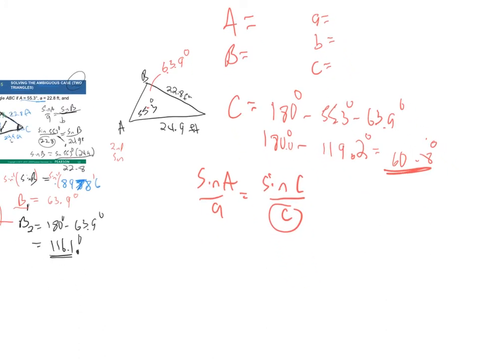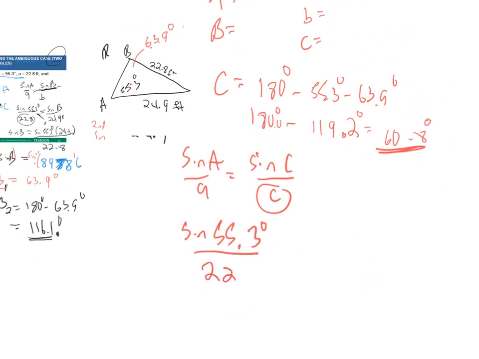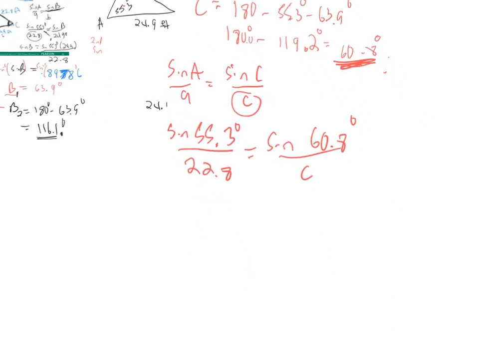So that's sine of 55.3 degrees over A, which was given to me, 22.8 feet, equals sine of C, using the angle that I just discovered, 60.8 degrees, over C. Long story short, move the C over, move the 22.8 over.